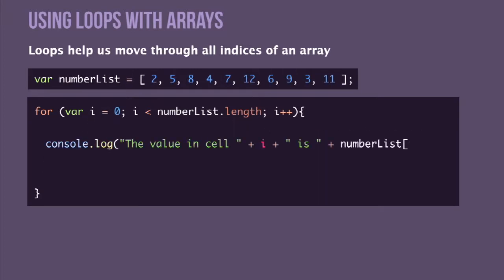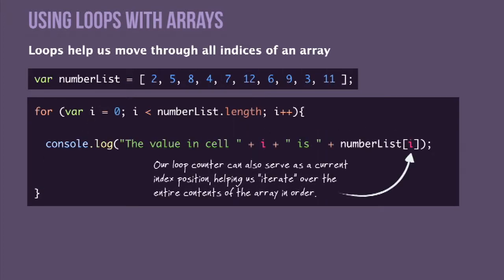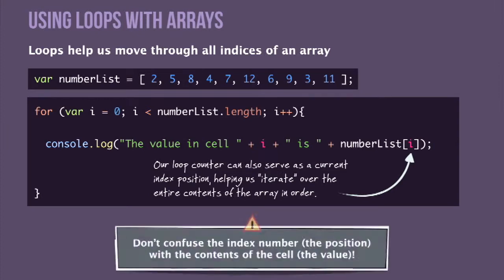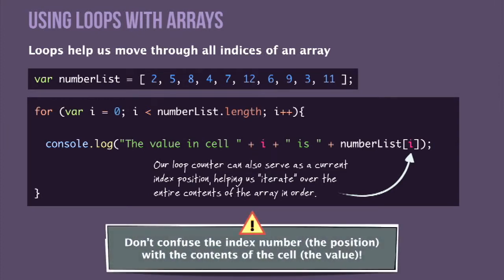Then we could use the console.log method to produce a string that says the value in cell i, notice we're referring to the particular index that we're at, is numberList[i], and numberList[i] refers to the actual contents of the cell at index i.